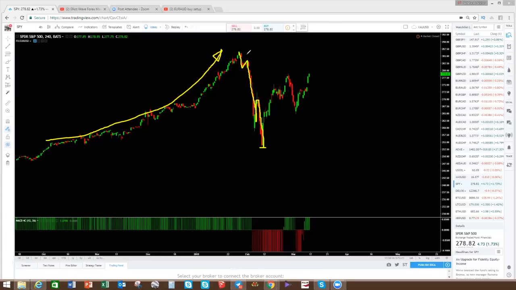This had already started another 5 waves upside here. Last week we were here actually. We already got this move, so we said you need to get this upside up to that level.